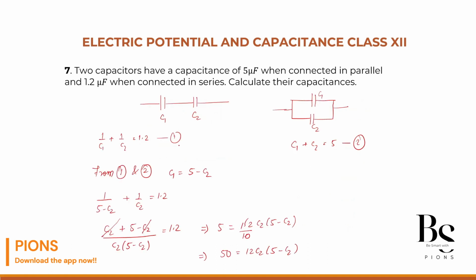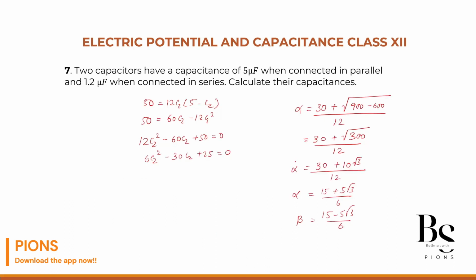Now if these are the two values of C2, we can find the value of C1. C1 will be 5 minus C2, right? So C1 will be simply 5 minus, we can subtract both of the values. You will get 15 plus 5 root 3 whole divided by 6. So this will be 30 minus 15, when you cross multiply, 5 times 6 is 30, 30 minus 15 minus 5 root 3 upon 6.